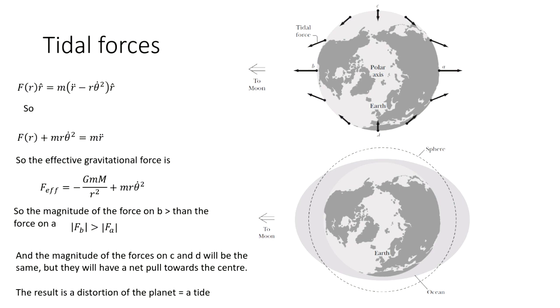And so that means that if we look at this Earth and the moon, and actually look at the gravitational force, then the magnitude of the force at B is greater than the magnitude of the force at A, and that's because r is smaller, right? And so the forces at these two points aren't exactly the same.